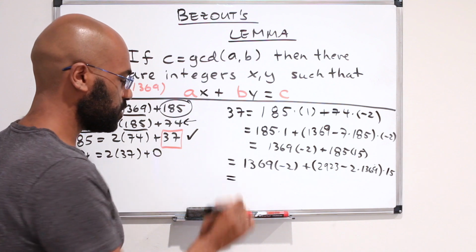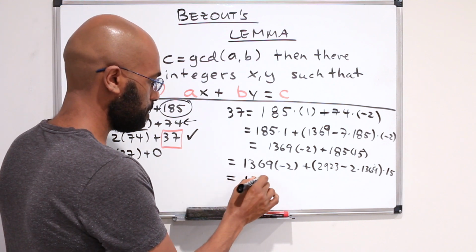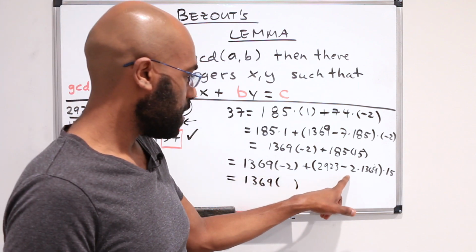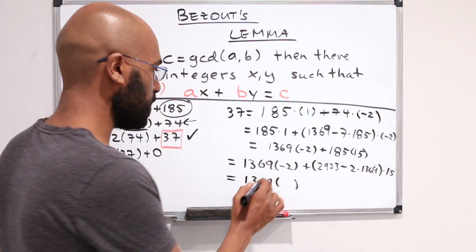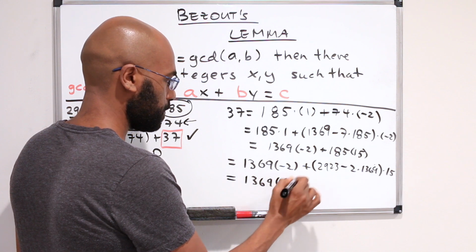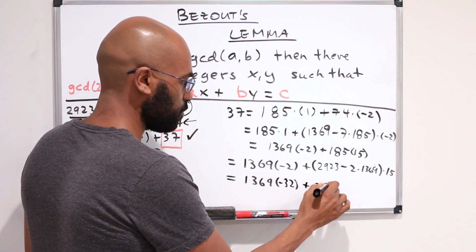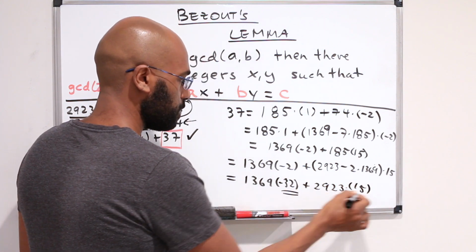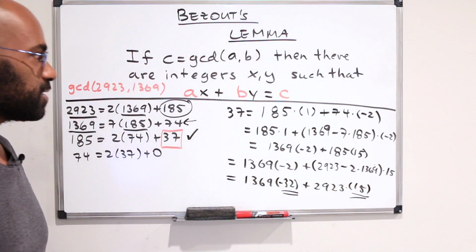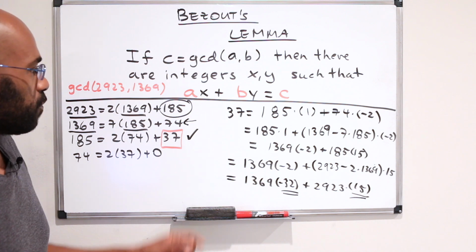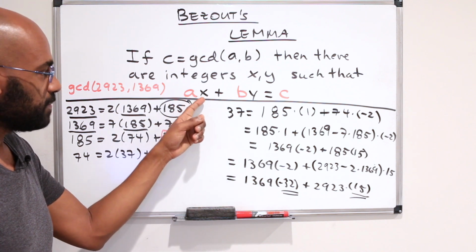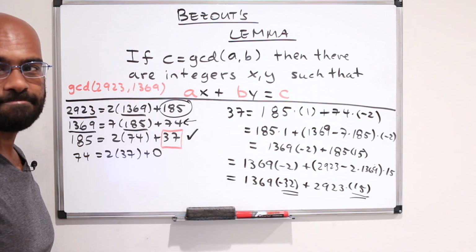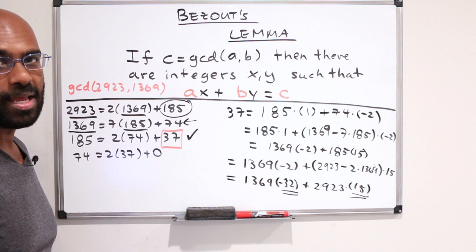Okay, so if you collect terms here, we get 1369 times negative 2, and then a negative 30, so negative 32, plus 2923 times 15. So here is a pair of integers x and y, for which 1369 times x plus 2923y is 37. Great, so you can imagine how one would write a general proof of this.